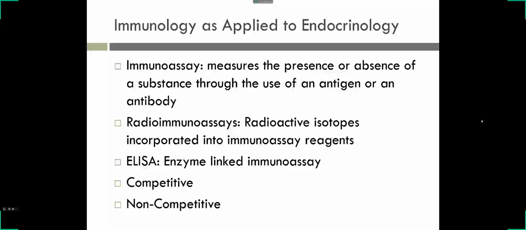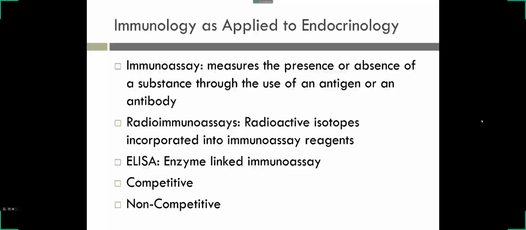So you have a radio-labeled hormone, and then you compete that radio-labeled hormone with an unlabeled hormone. Now, this is relatively old-fashioned, expensive, not very safe, and a lot of hormones these days are difficult to radio-label, so it's not used as much.